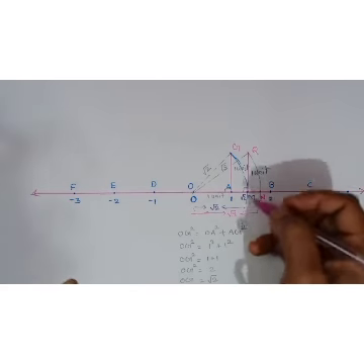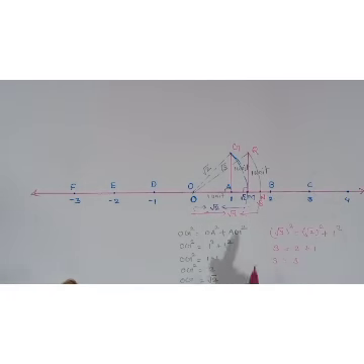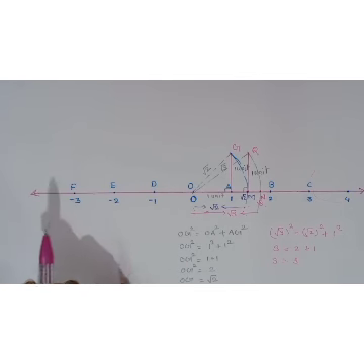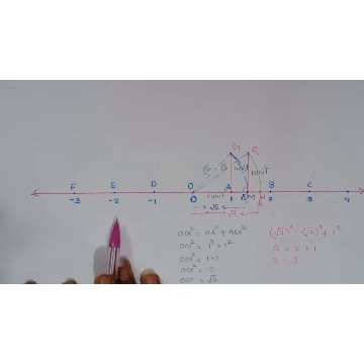So in this way we will represent root 2 and root 3 on the number line. In the same way you will represent root 2 minus root 3 on the left hand side of the number line.